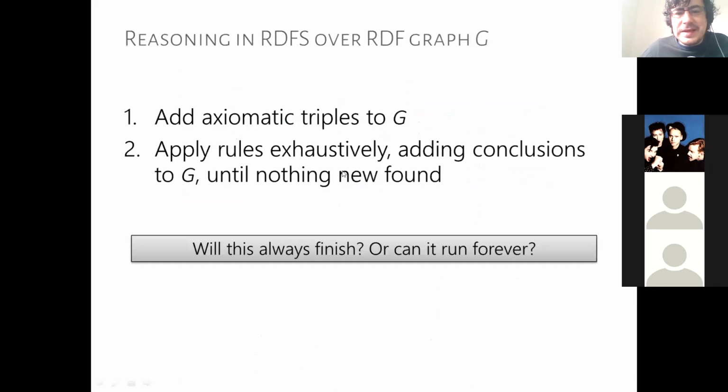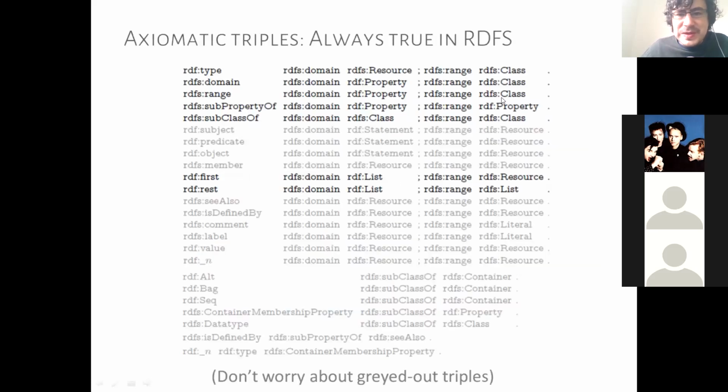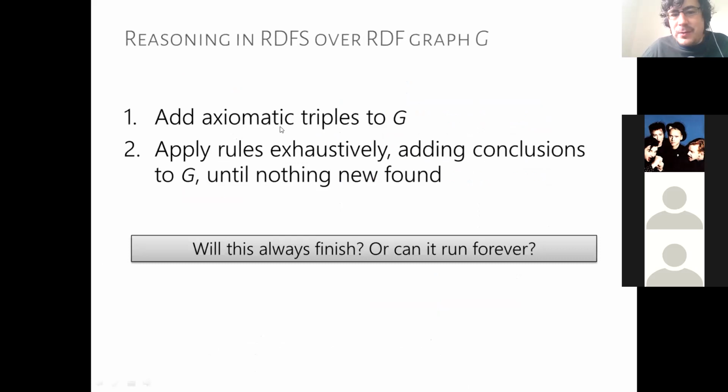So when we want to do reasoning, what we do is we are given an RDF graph G, and then we add these sorts of true statements to G, things that are always true, no matter what other data we give. We add this list of always true triples to G, and then we apply the rules that we saw previously exhaustively until we don't find anything new.